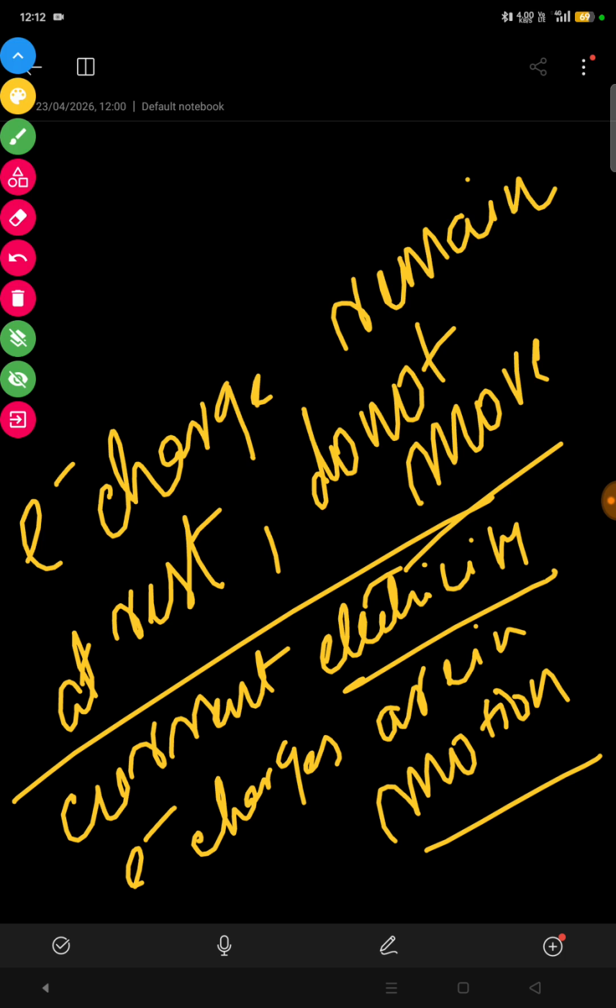The electricity that we use in our home, in our appliances, is all electric charge which is in motion. So when the electric charges are stagnant, at rest, at a stationary position, we call it static electricity. And when the charges flow, they create current electricity. Clear?